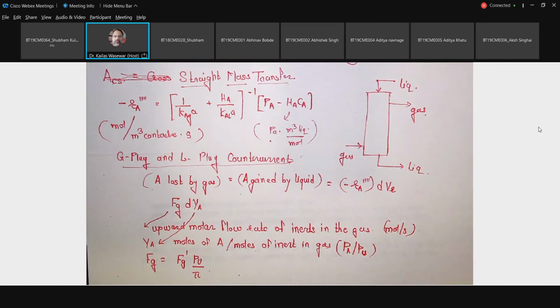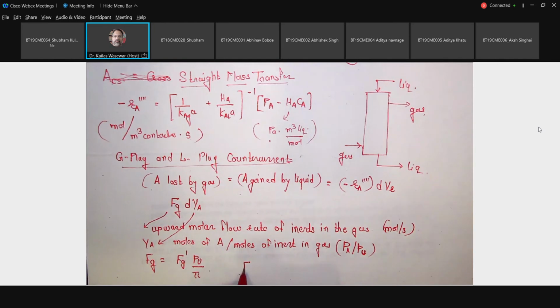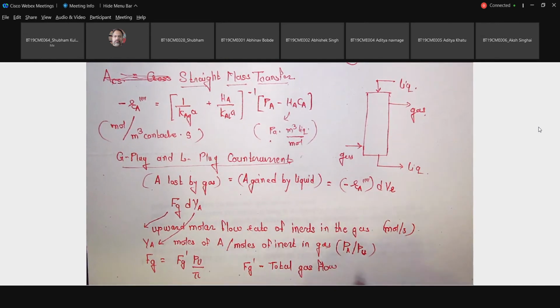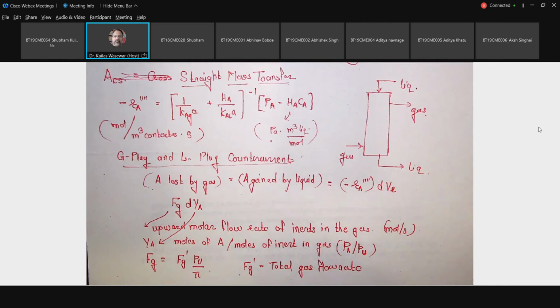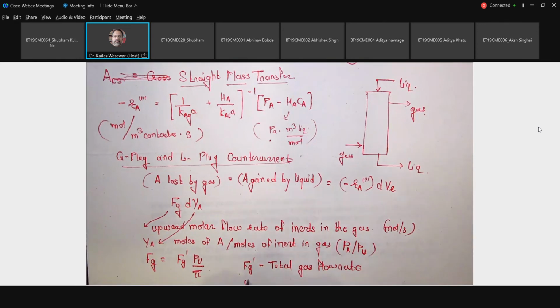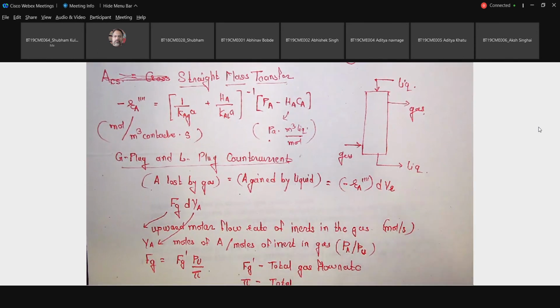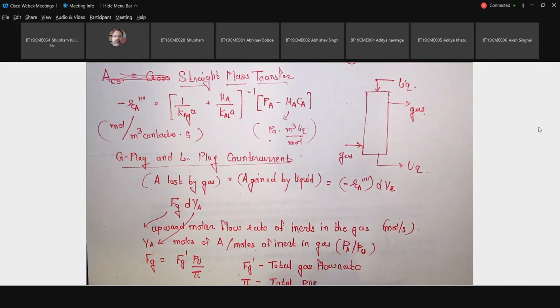And here Fg prime is the total gas flow rate, okay, including inerts, and this pi representing what? Total pressure of gas, is it?